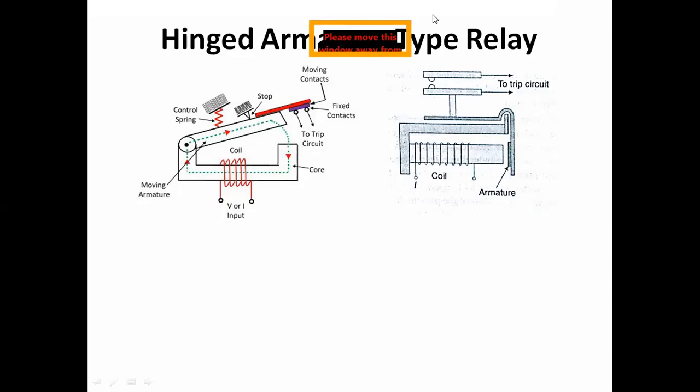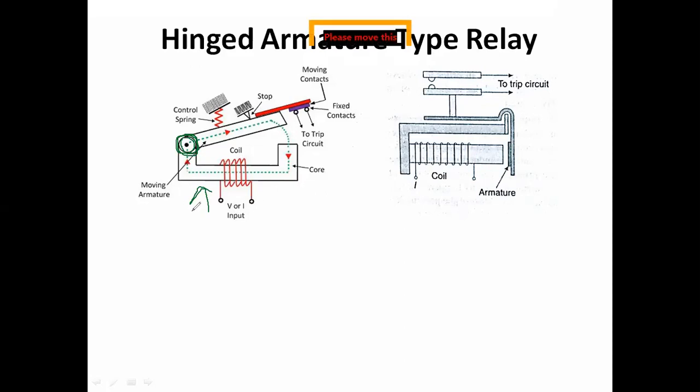Here in the first picture, you can see one side of this core is fixed. This is just like a hinge-like structure. Now the operating coil is taken here. When rated current flows through this operating coil, it gets magnetized, but as it is a rated current, nothing will happen.